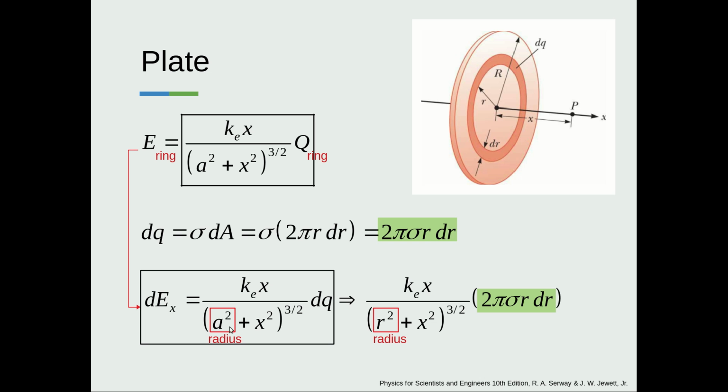And now the a squared is the radius, so we are changing the a into r. r is from 0 to the radius of the plate. And the q here is turning into a unit of charge to be integrated. Then the dq is replaced by 2 pi r sigma dr.